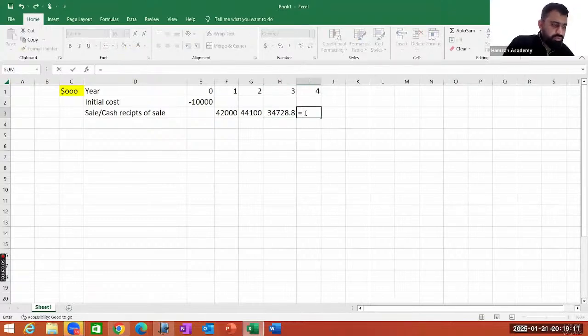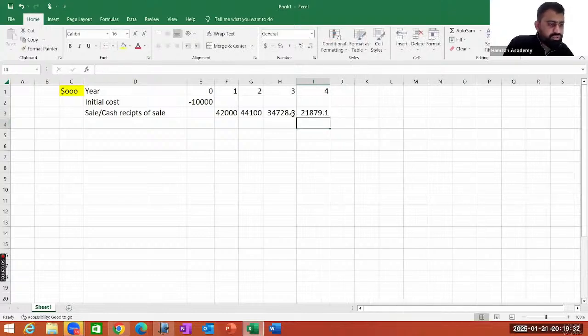Then in year 4, we have estimated that the unit sale would be 3,000, and let's say the sale price in year 4 will be 6,000, into 1 plus inflation rate, 1.05 raised to power 4.